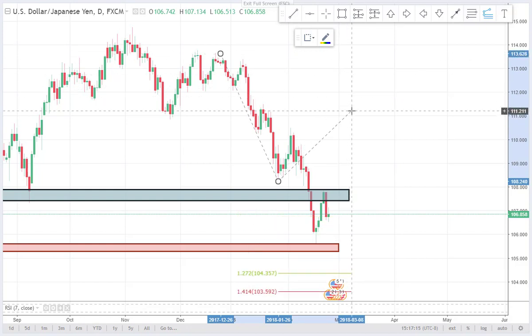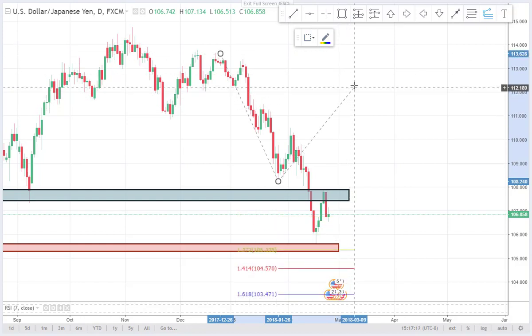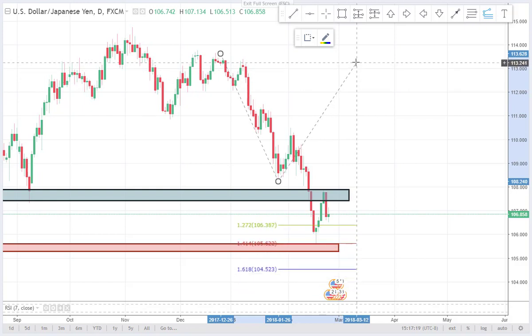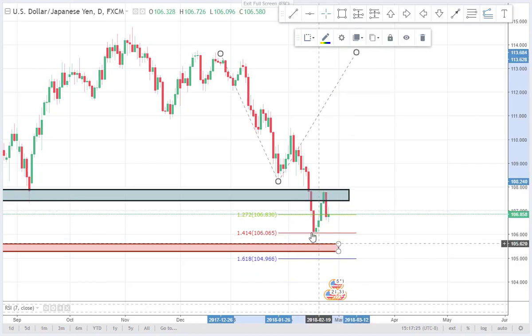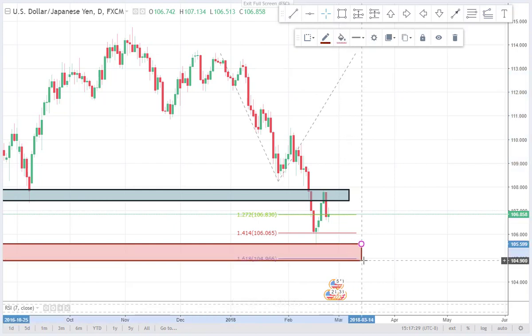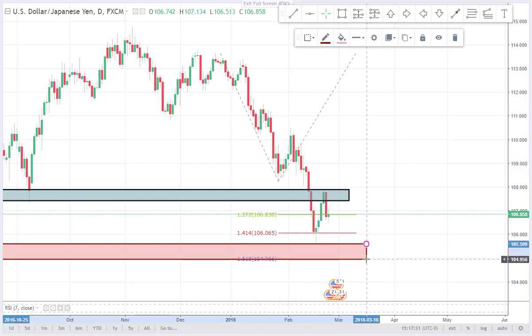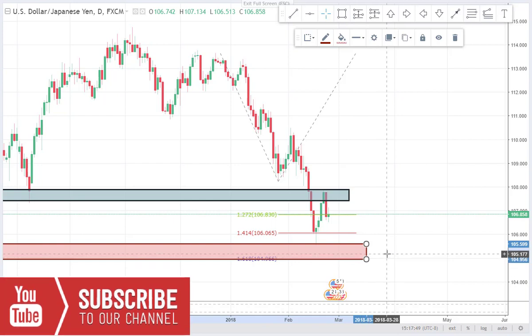Look at where we get a 618, somewhere close to our level over here. Just around this area, this is where we had a 618. So price came in very close, and this is where we had a demand level. Price action just gave us a demand level at this area, and this is where we had a 618.